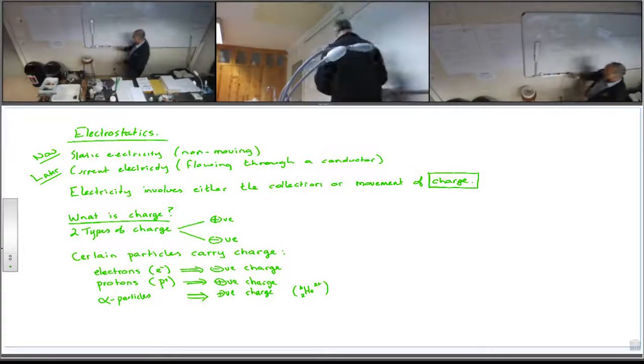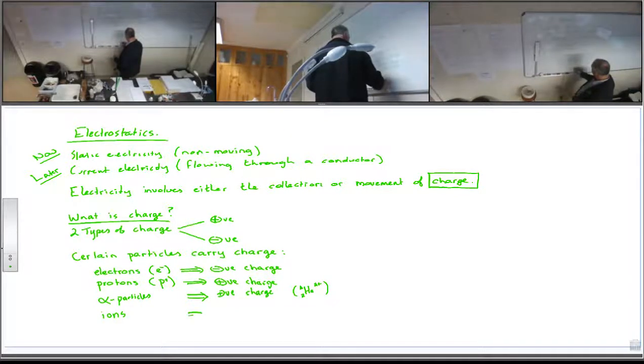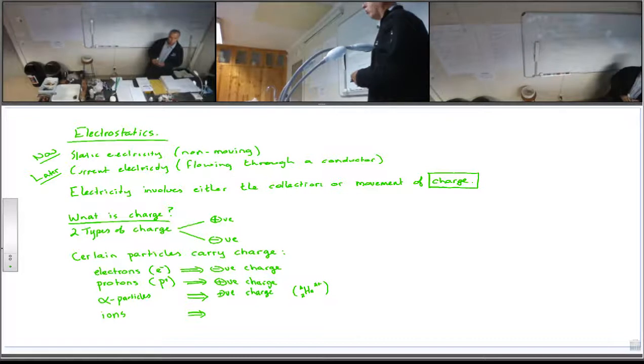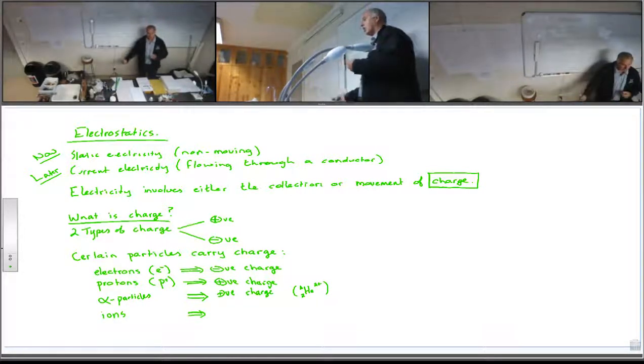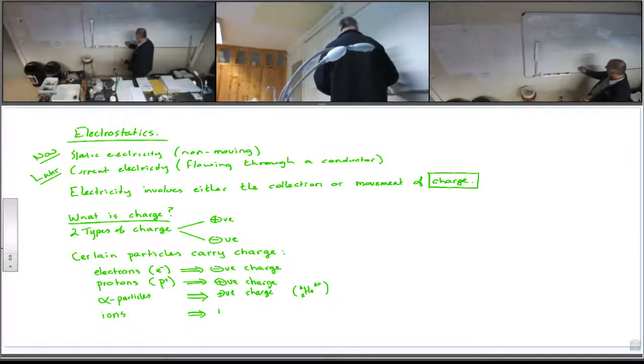We've also discovered that certain ions carry charge. And what charge do ions carry? Negative. And positive. Ions can be negative or positive. They can't be both at the same time. So they can be positive or negative charge.